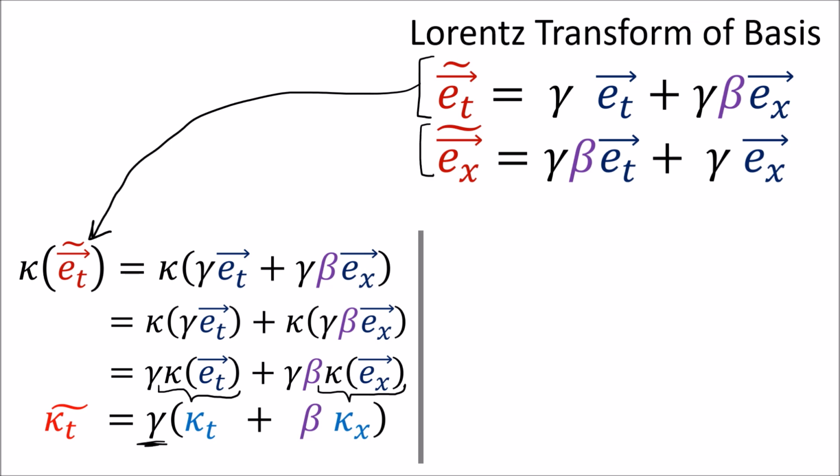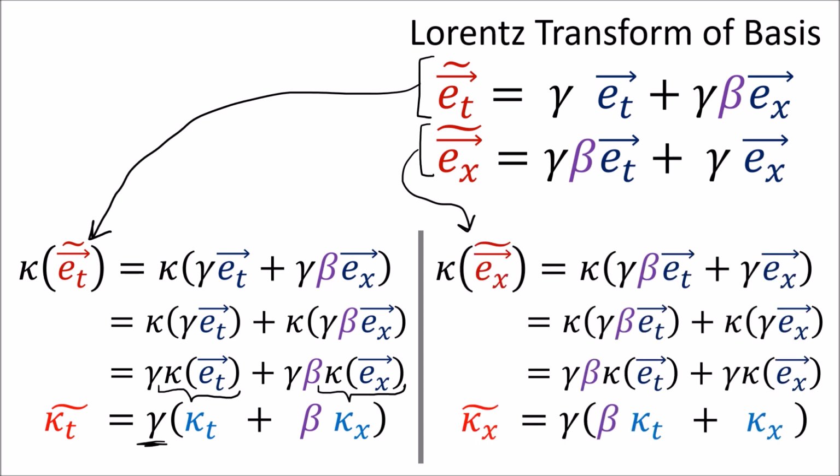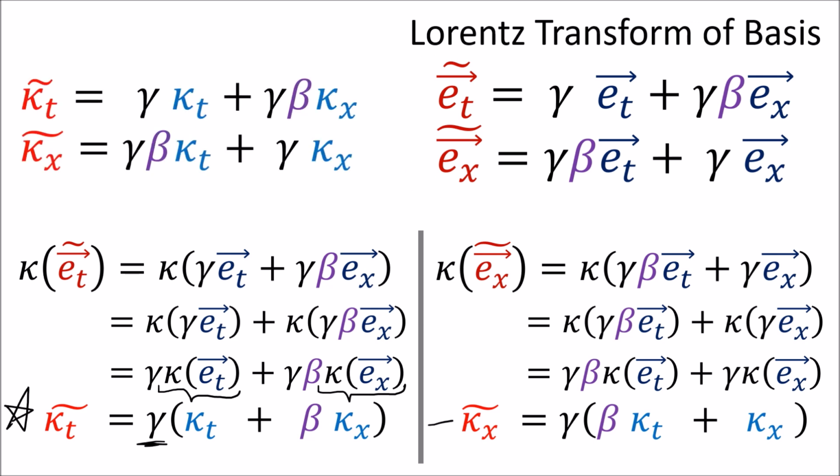We can get a similar formula for the car's x wave number, kappa x tilde. Again, the form of these transformation equations exactly matches the form of the change of basis under the Lorentz transformation, since the wave covector components are covariant.